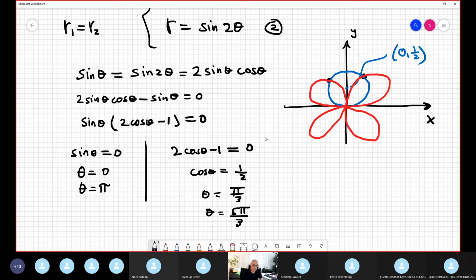So in degree, it is 0 degree, 180 degree, this is 60 degree, and this is 300 degree. Makes sense, right? It does, but I can see better in degree than in radians. That is the reason I put it in a different way.